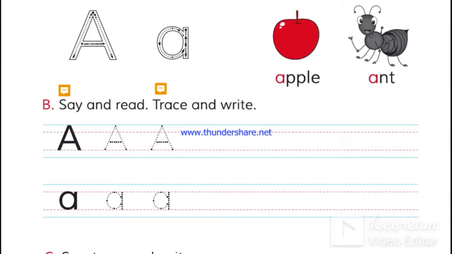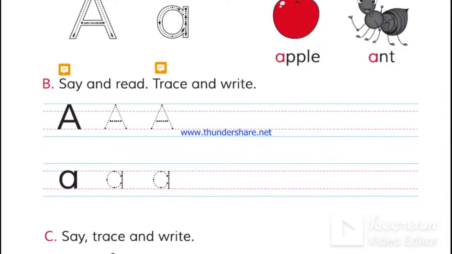This is a format of writing the capital letter. How do you write a capital letter? And next is small letter A. How do you write a small letter? There is a nice shows there that you can practice at home.